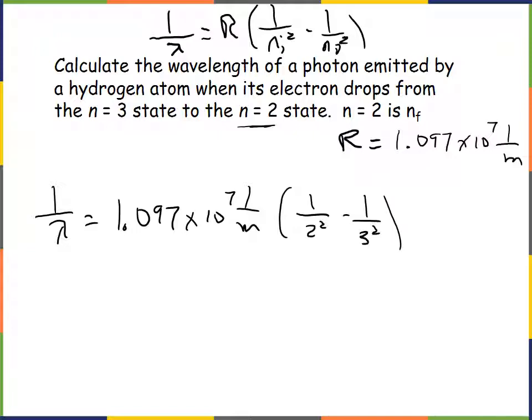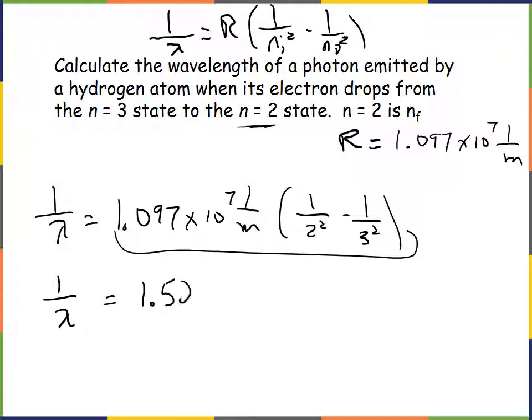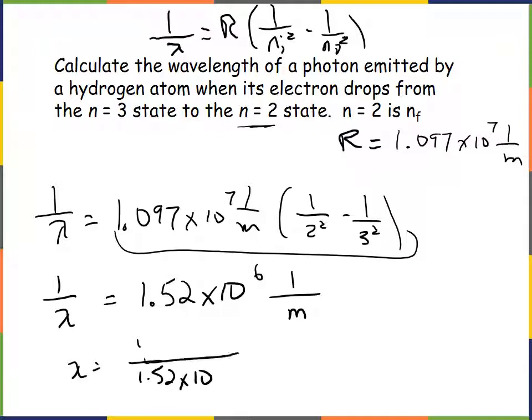This is just math. Take and combine all of this, and you're going to get that 1 over the wavelength is equal to 1.52 times 10 to the 6th units of per meter. Now, if I want to solve for this, I've got to get lambda, or the wavelength, by itself. So I need to do wavelength is equal to 1 divided by 1.52 times 10 to the 6th per meter, and I will get 6.58 times 10 to the minus 7 meters.